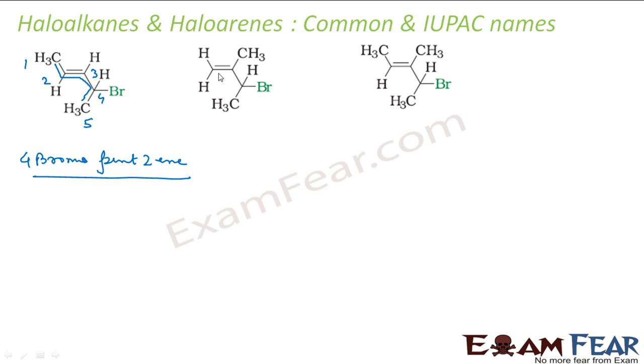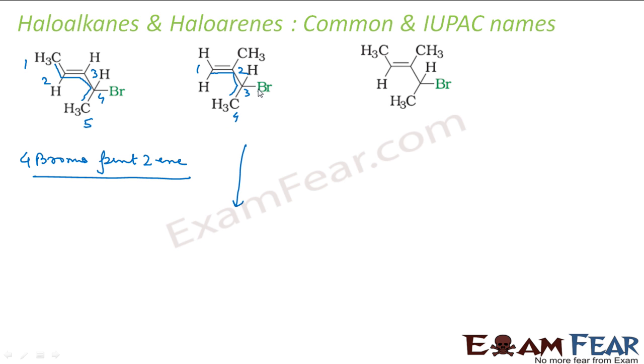Let's see this one. In this case, what is the longest chain I have? So longest chain starts from here 1, 2, 3, 4. I should take the longest chain which should also have the double bond. This is my longest chain. Correct. So here also I have to do numbering. Numbering will be done in such a way that the double bond gets the lowest number. So it will be 1, 2, 3 and 4. Correct. So with this, let's see what is the name of this compound.